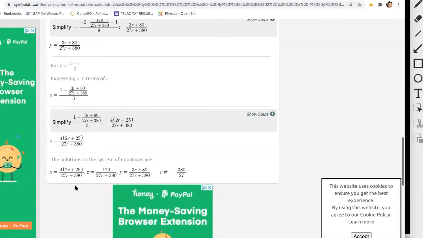Oh, okay, here's the solution. So I1 is equal to (42r plus 25) over (27r plus 380). I2, the y, is equal to 3r over (80 plus 27r plus 380).